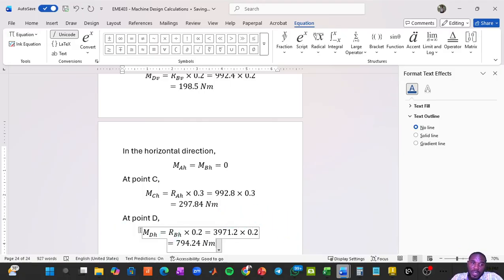Great, so we found the bending moment at this point.